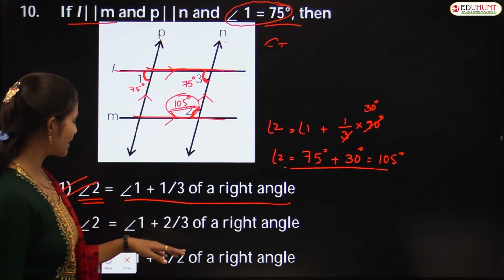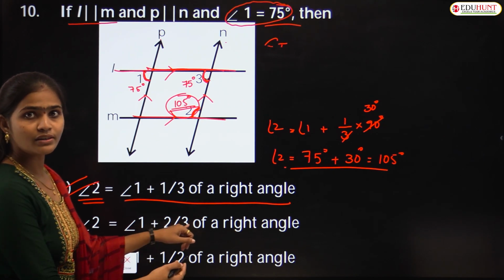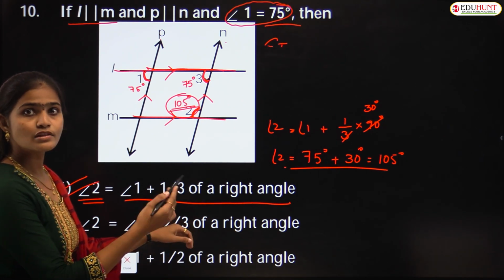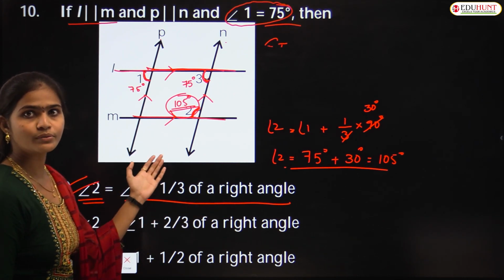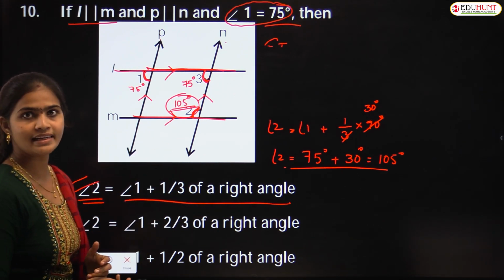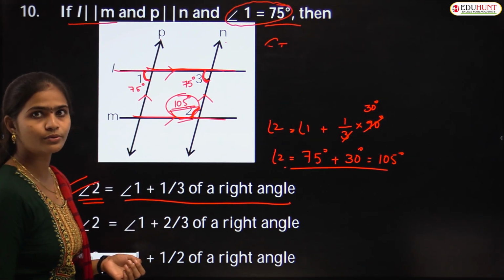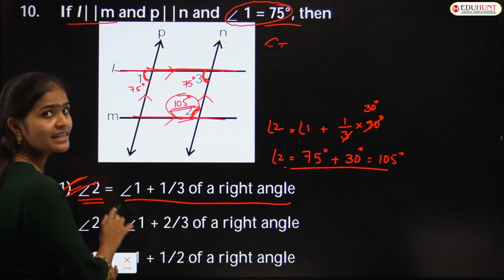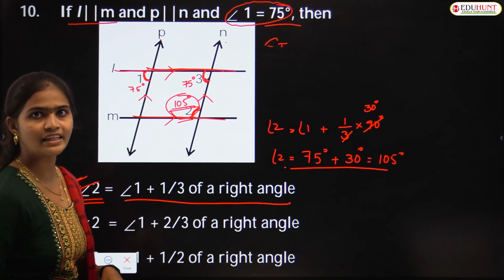If you go for the next one, here this is 2/3. 2/3 means, we already know that 1/3 is 30 degrees, so 2/3 means 30 into 2, 60. 60 plus 75 is 135 degrees. But we should get 105 only. So that's why option 1 is correct. You simplify the remaining options also.